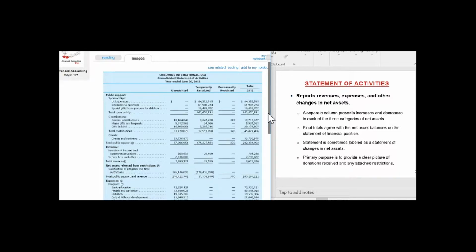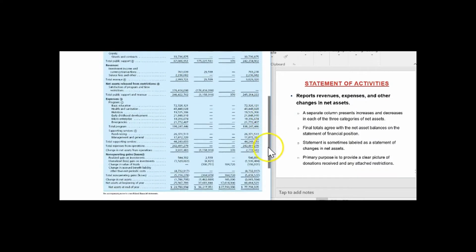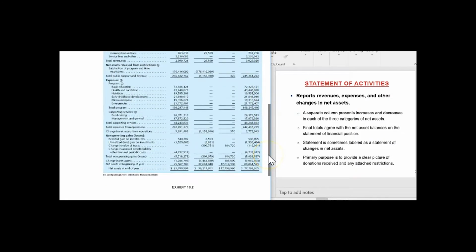And then you will see they also have these changes for all three categories, and they also record regular revenues and regular expenses. So this is their statement of activities.